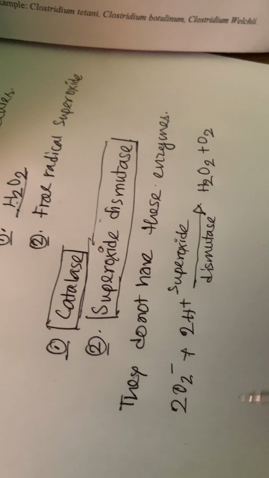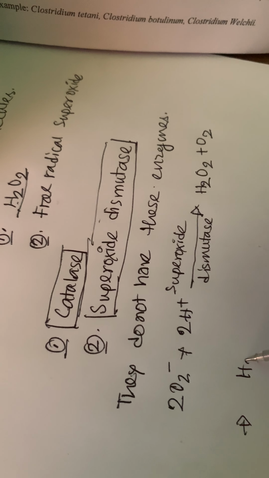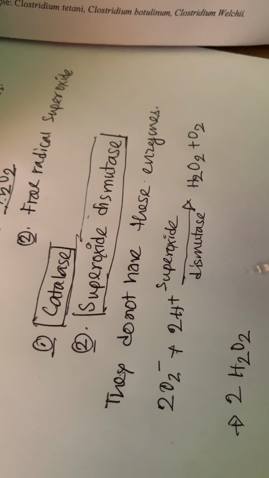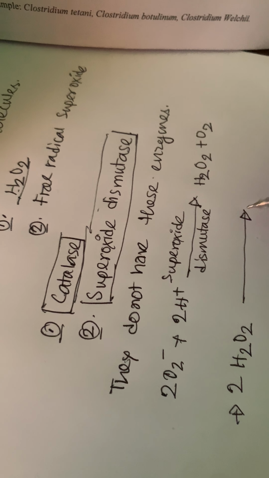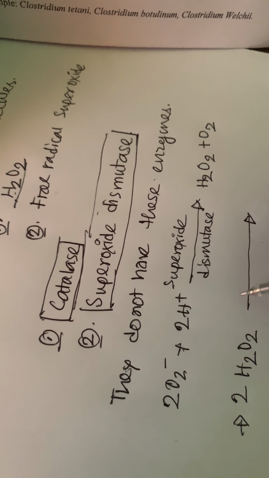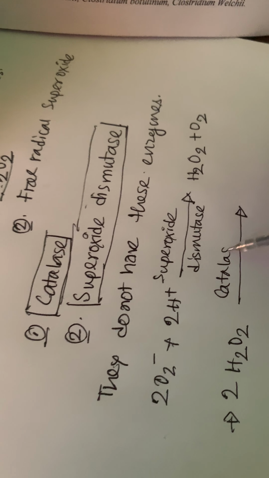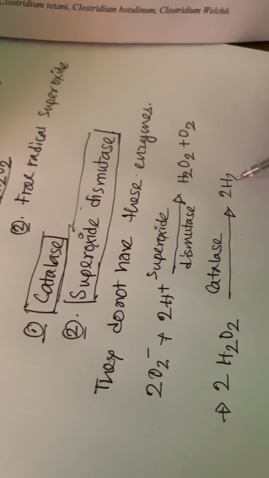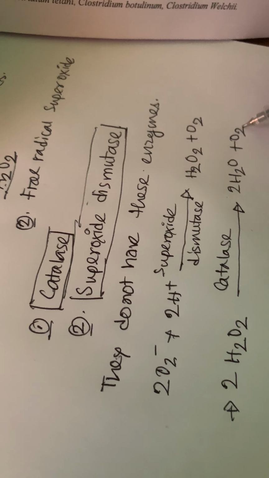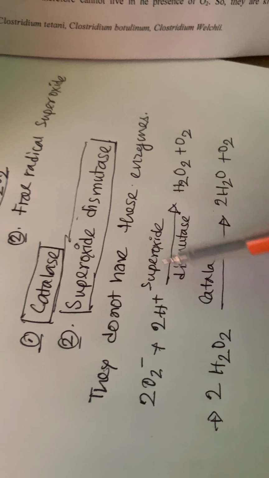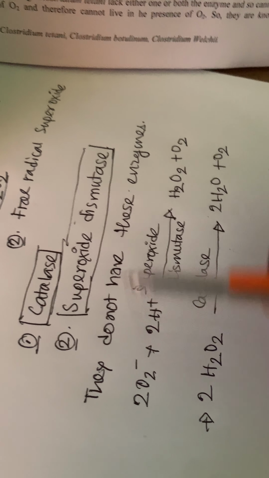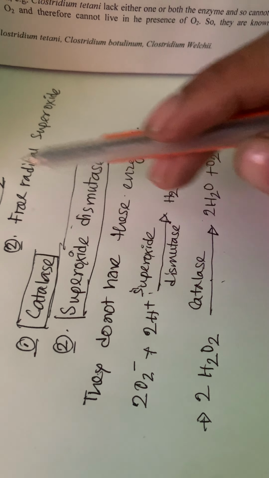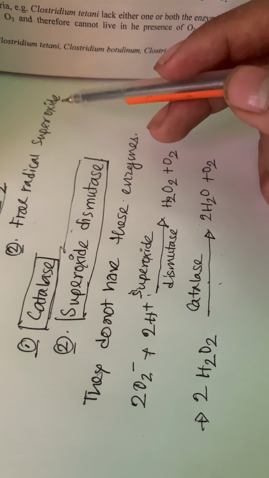And after that, this toxic product, hydrogen peroxide, is neutralized by the catalase enzyme, and it produces two water molecules and one oxygen molecule. So these are the enzymes which actually neutralize this hydrogen peroxide and free radical superoxide.